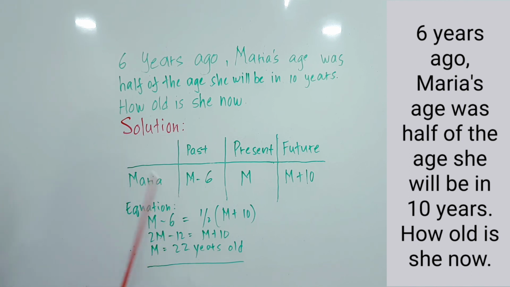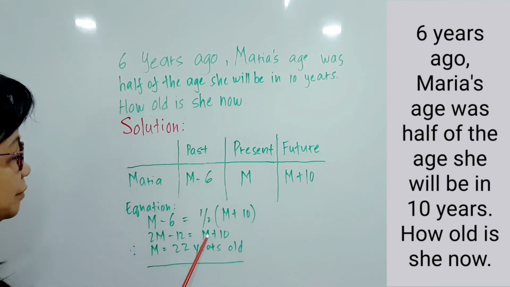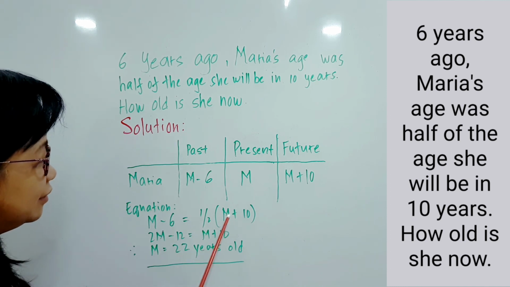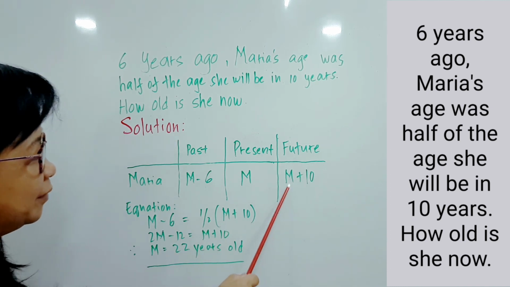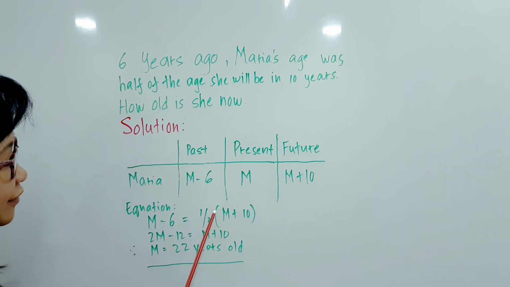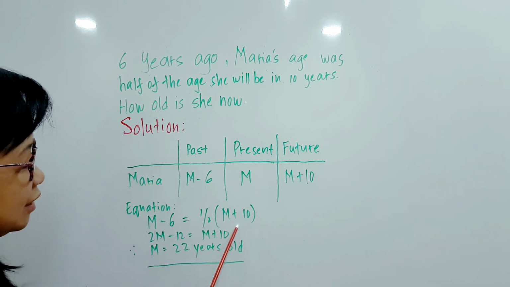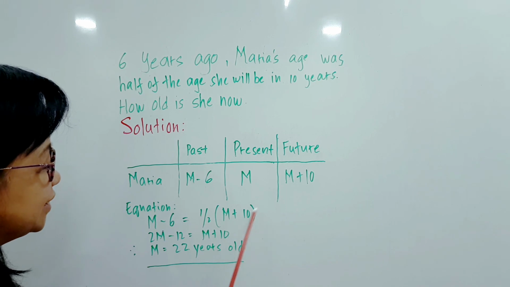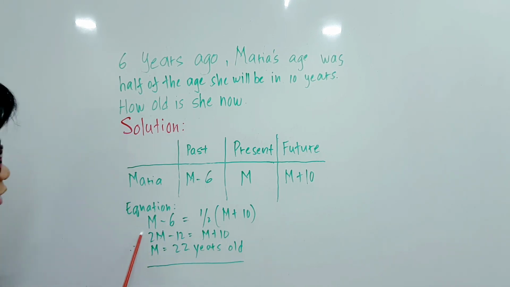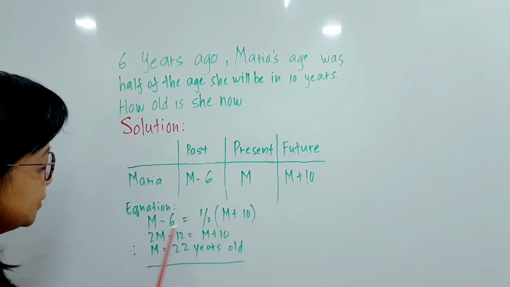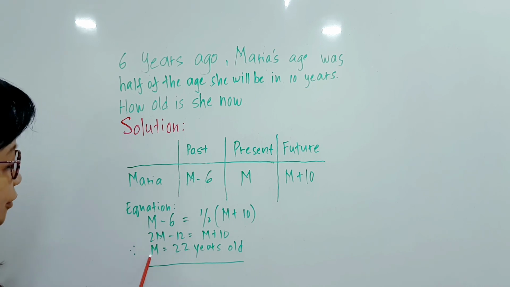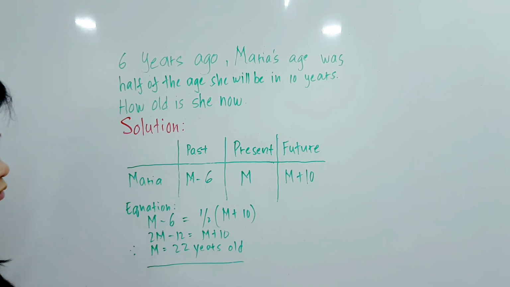So, M minus 6 equals half of the age she will be in 10 years, which is M plus 10. So, M minus 6 equals 1/2 times M plus 10. Solving this equation will result to M is equal to 22 years old.